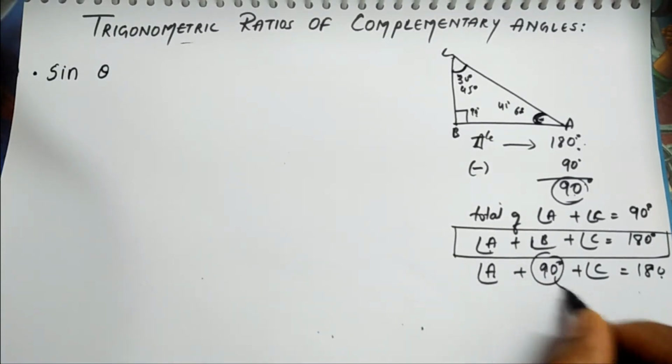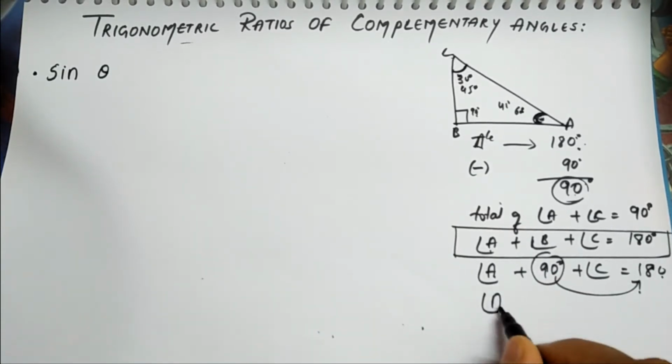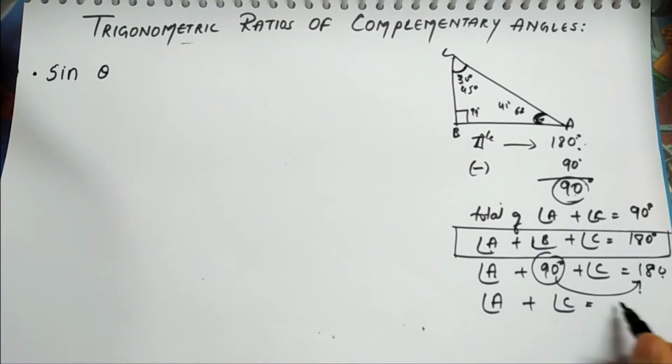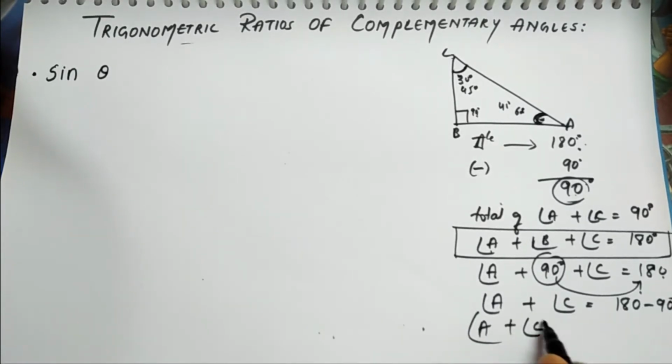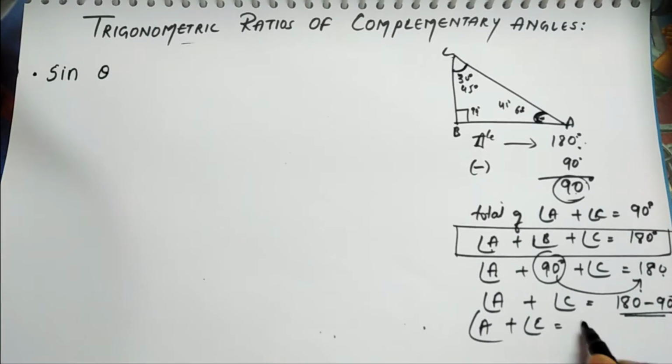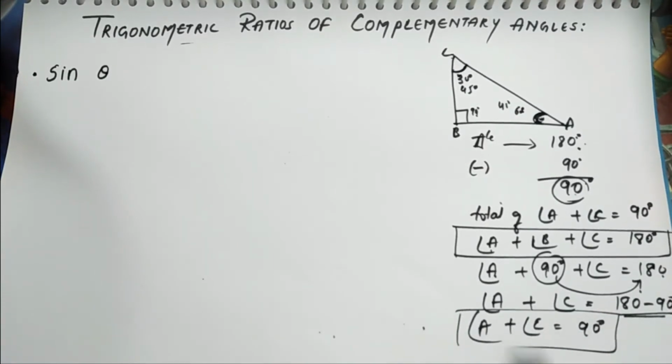So we send this 90 degrees to the other side. That means angle A plus angle C is nothing but 180 minus 90 degrees. What is angle A plus angle C? Overall it is nothing but 90 degrees, right? So from this we can infer that the sum of angle A and angle C will be 90 degrees.